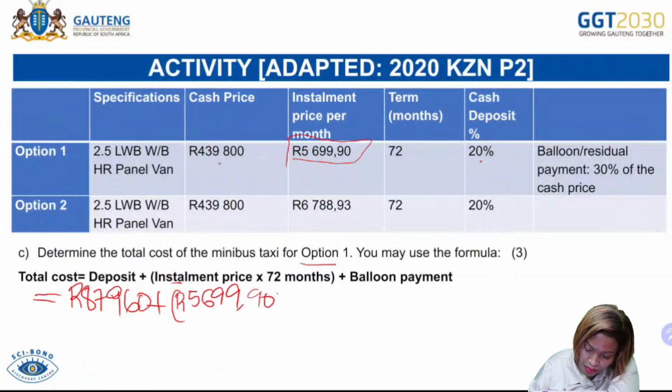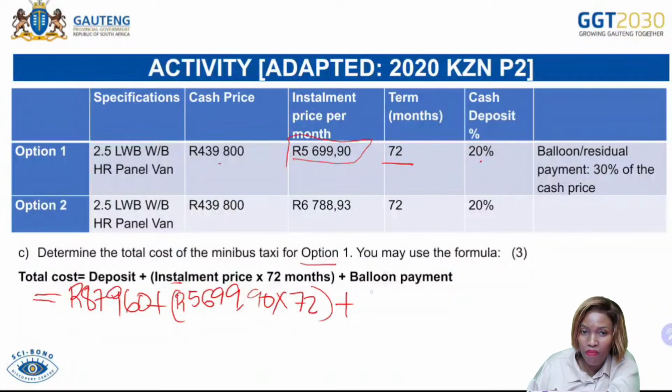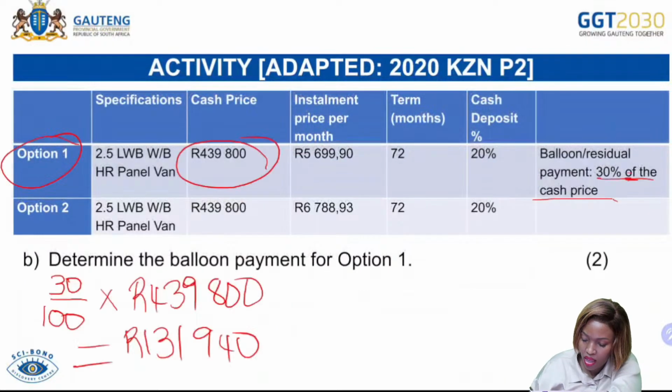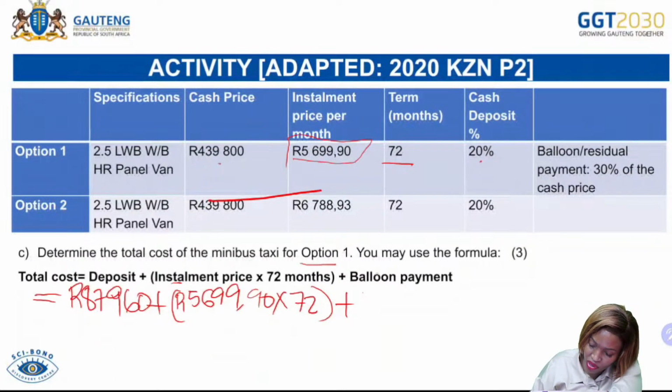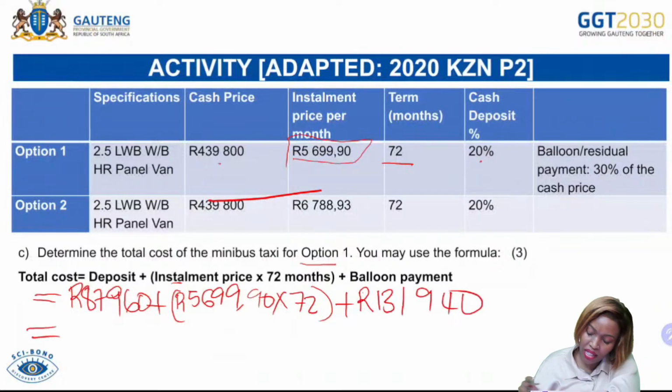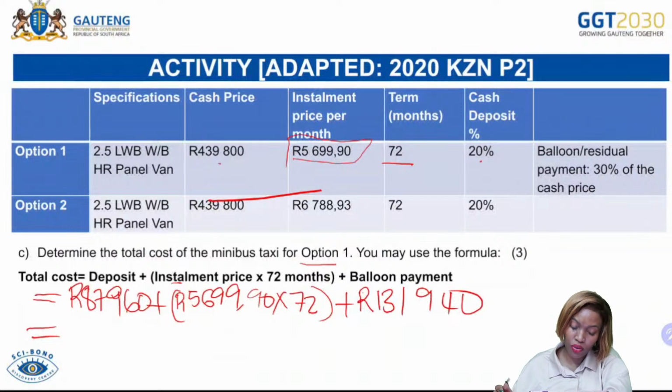5,699 and 90 multiplied by the number of months, 72, close bracket, plus the balloon payment. We calculated the balloon payment in the previous question. This was the balloon payment, remember, 131,940. And then let's punch in everything in the calculator.